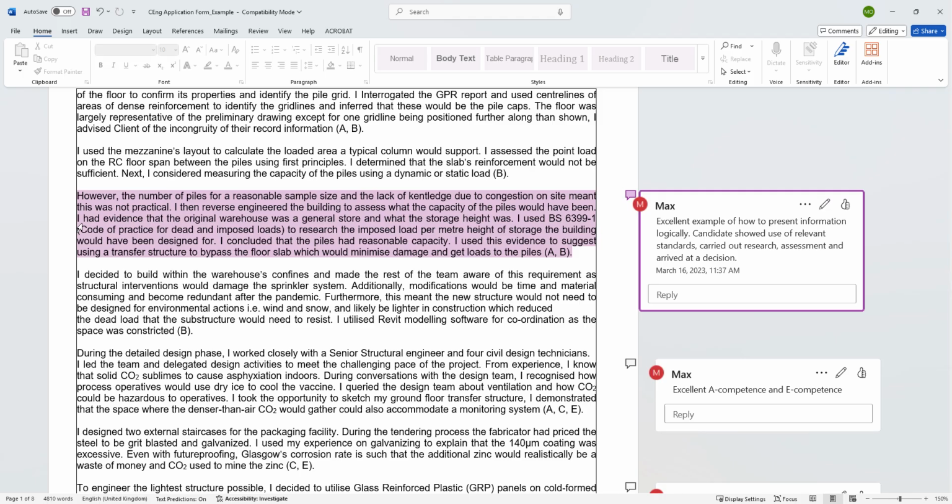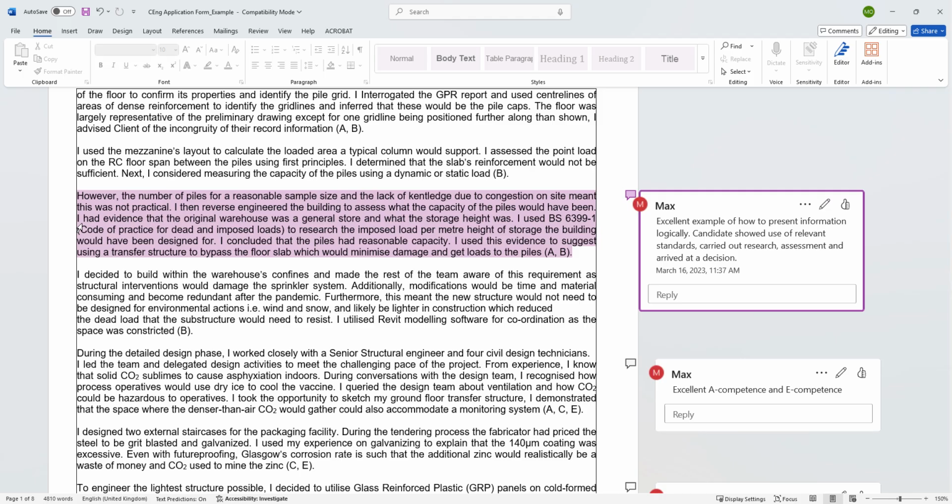I had evidence that the original warehouse was a general store and what the storage height was. I used British Standard 6399, the code of practice for dead and imposed loads, to research the imposed load per meter height of storage the building would have been designed for. I concluded that the piles had reasonable capacity.